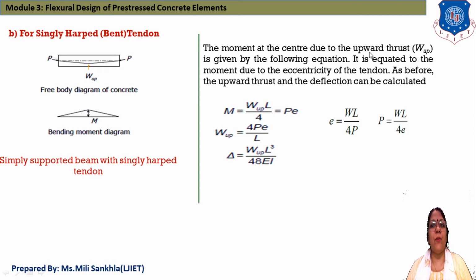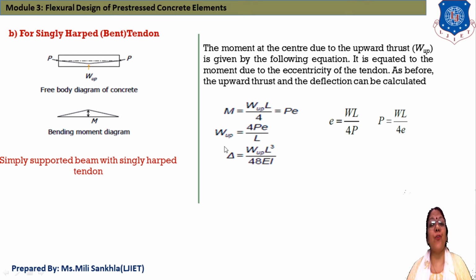Moment at center due to the upward thrust W_UP is given by the following equation, and it is equated to moment due to eccentricity of tendon, that is M is equal to Pe. One by one, the equation of moment for this singly bent tendon is W_UP L by 4, that means WL by 4. Now M is equal to Pe. When I make W_UP the subject, then it is 4Pe by L.